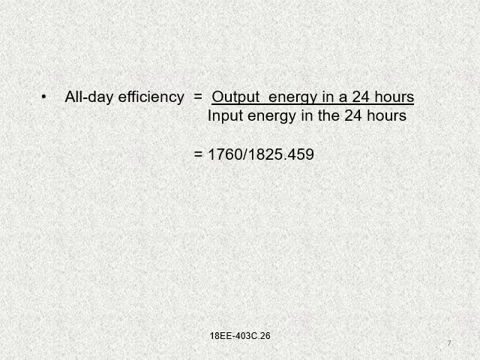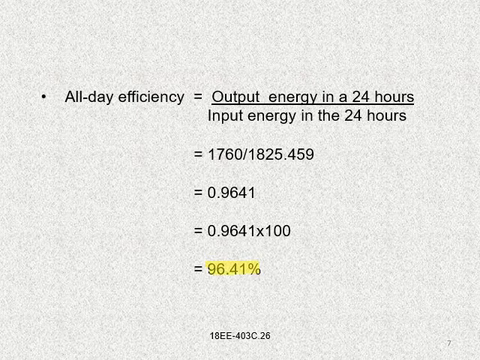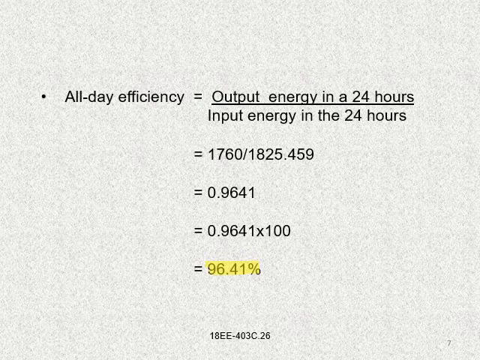We have output energy 1760 divided by input energy 1825.459. That gets 0.9641, and if it is for percentage, times 100, that gets 96.41%. Please make a note of that.